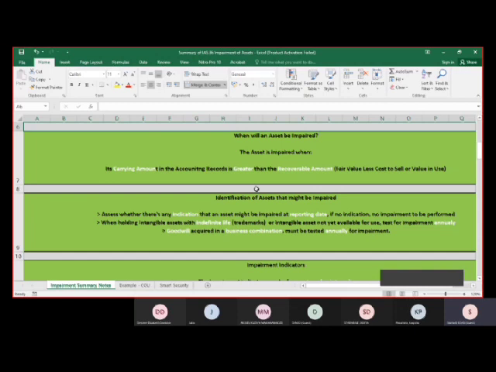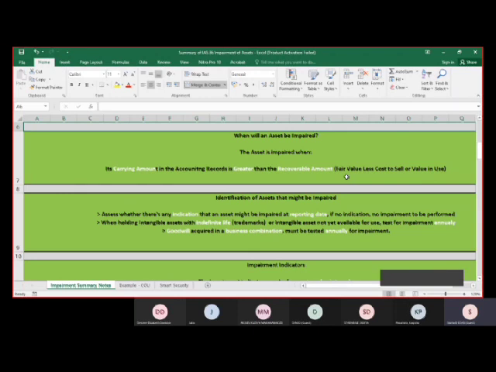That difference is called an impairment, and you recognize it in profit and loss. The recoverable amount is the fair value less cost to sell or the value in use. Just put them in brackets so that you know. The higher of the two you will take as the recoverable amount.